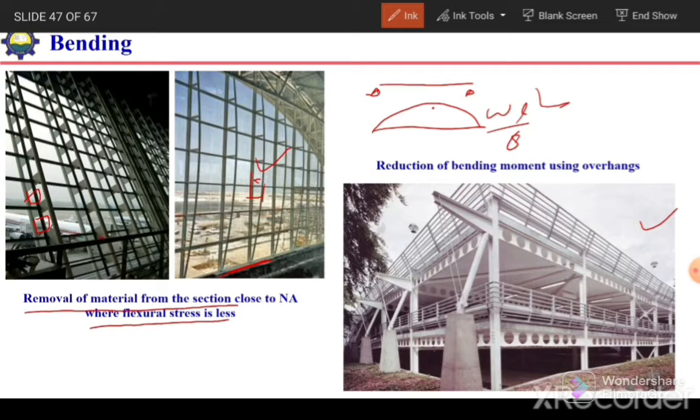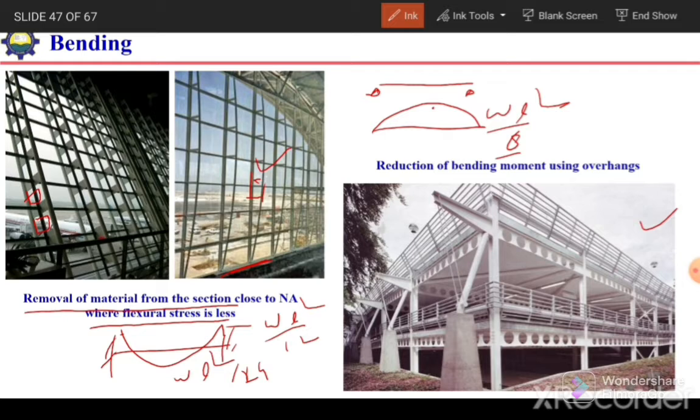But if we have a beam with fixed ends, the maximum bending moment will be at the support, which is WL²/12, and at the center the moment will be WL²/24. So just by changing the end conditions, we have reduced the middle bending moment from WL²/8 to WL²/24.